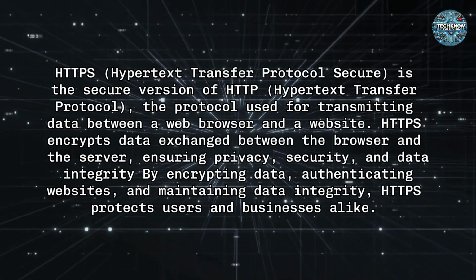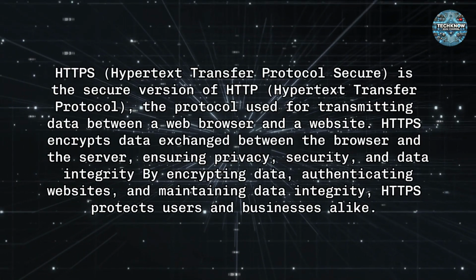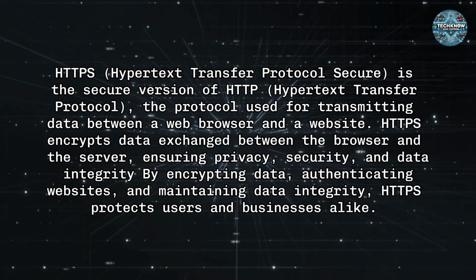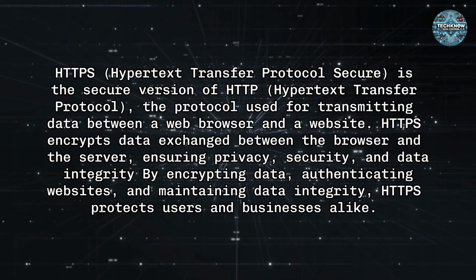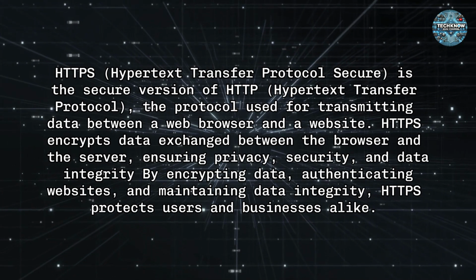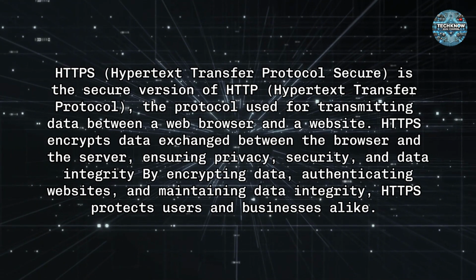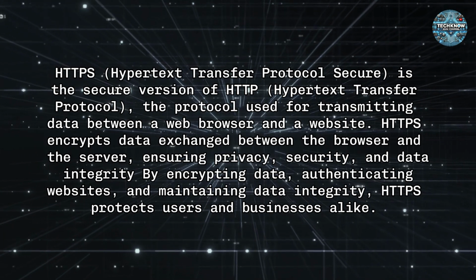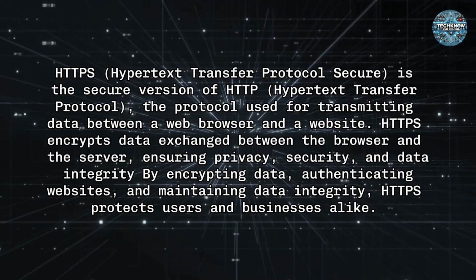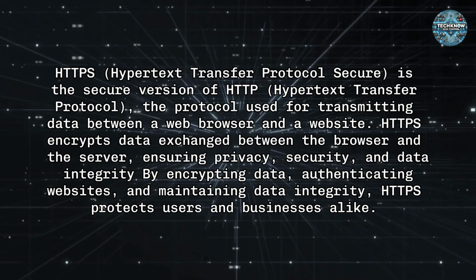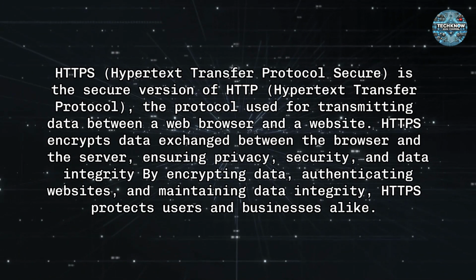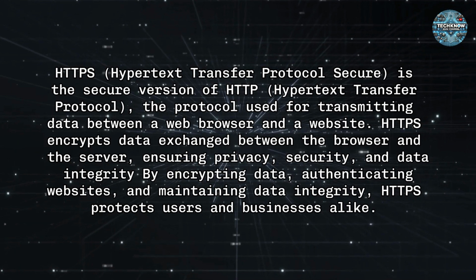HTTPS, Hypertext Transfer Protocol Secure, is the secure version of HTTP, Hypertext Transfer Protocol, the protocol used for transmitting data between a web browser and a website. HTTPS encrypts data exchanged between the browser and the server, ensuring privacy, security, and data integrity. By encrypting data, authenticating websites, and maintaining data integrity, HTTPS protects users and businesses alike.